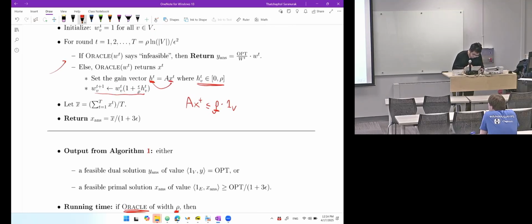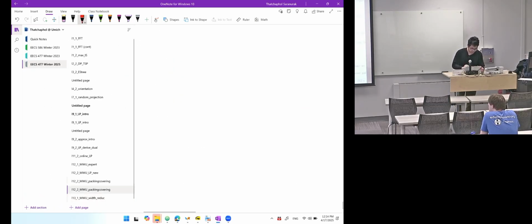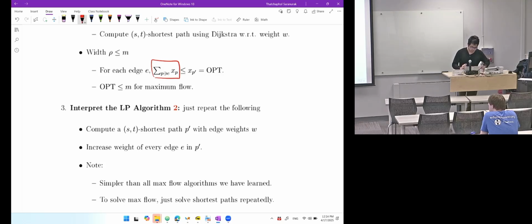So you see that we update the weight for every constraint accordingly. Basically, for every edge, we look at each constraint.